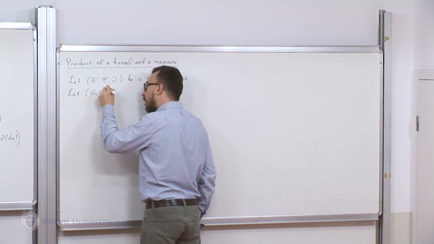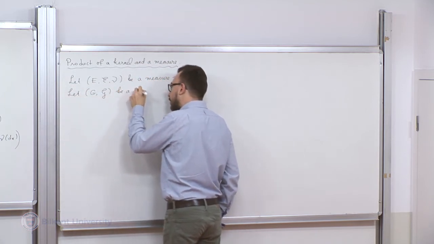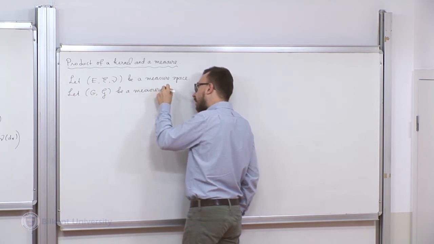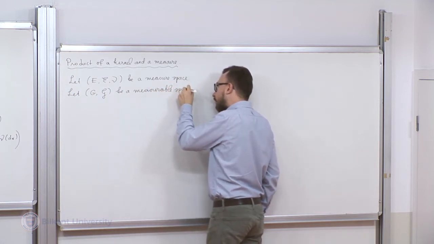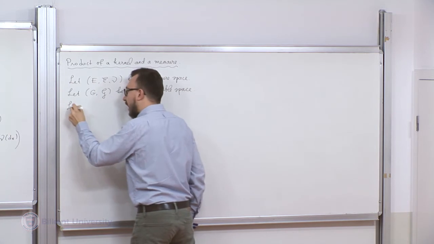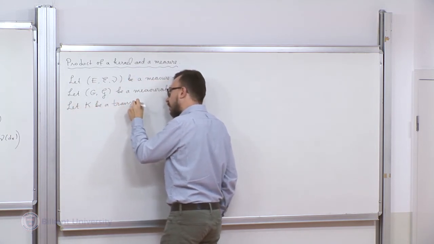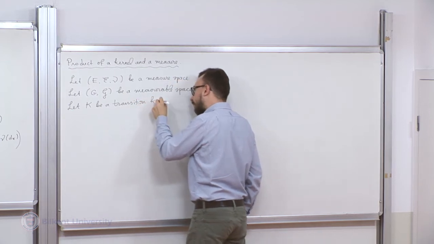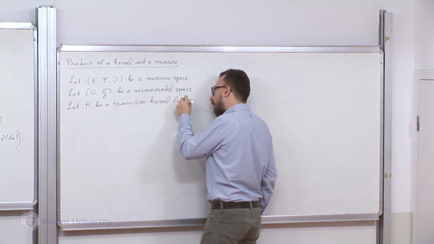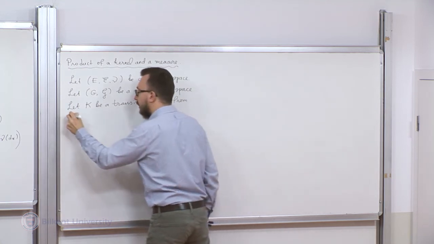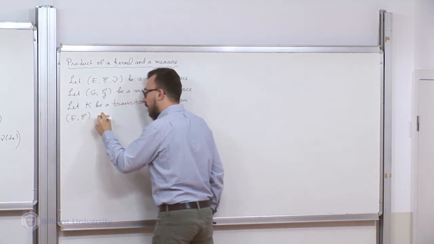Let G be a measurable space. And let K be a transition kernel from the first space into the second.